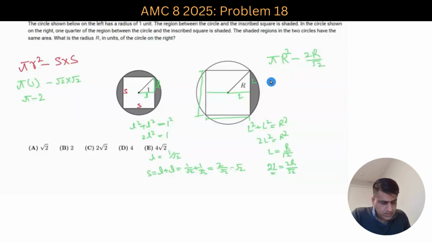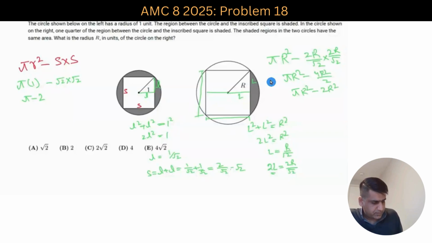And pi r square is now the area of the whole circle, and I am subtracting from there this square, so I also have to multiply this by 2R over square root of 2. So then I will have pi r square minus 4R square over 2, and then I'll have pi r square minus 2R square.